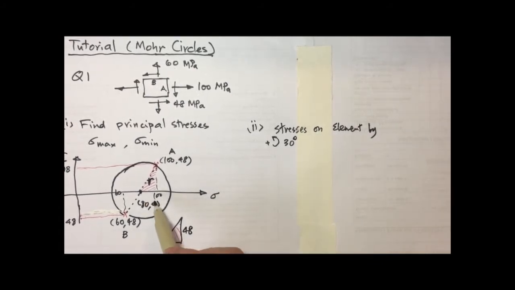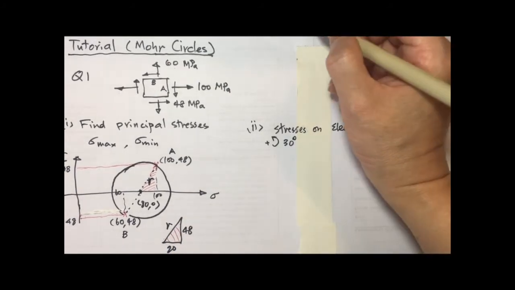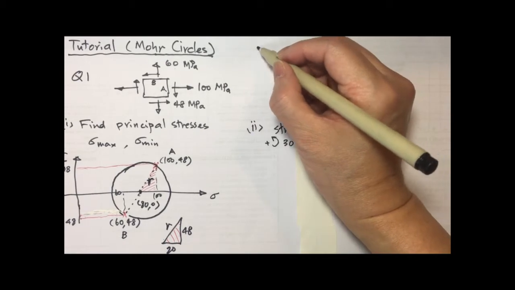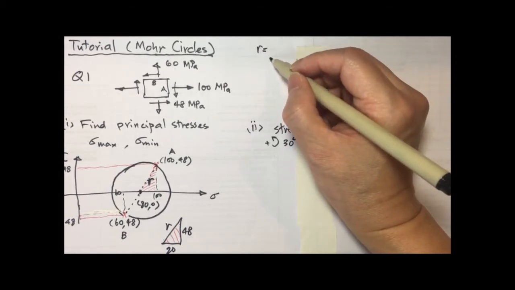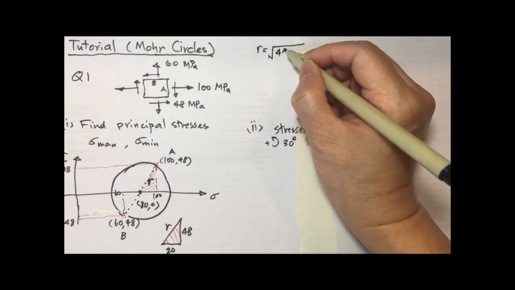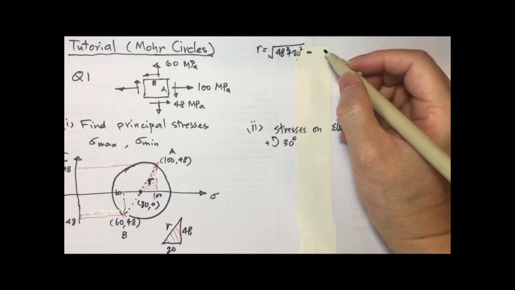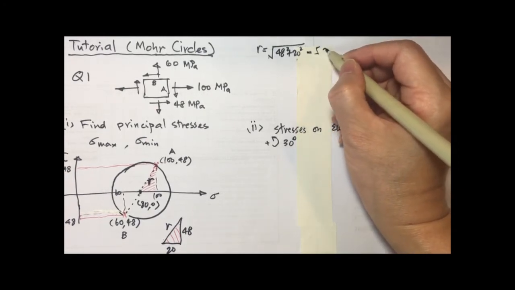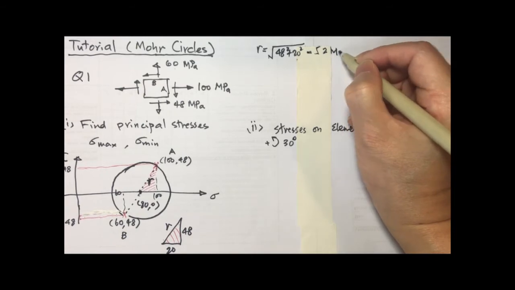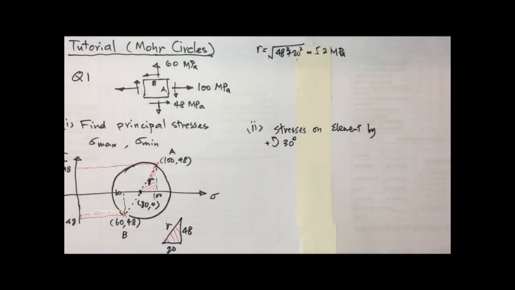And what's the base here? 100 and 80, so that would be 100 minus 80, 20, right? So what's the R? R is equal to what? Pythagoras theorem, 48 squared plus 20 squared, right? So it will give you 52 MPa.